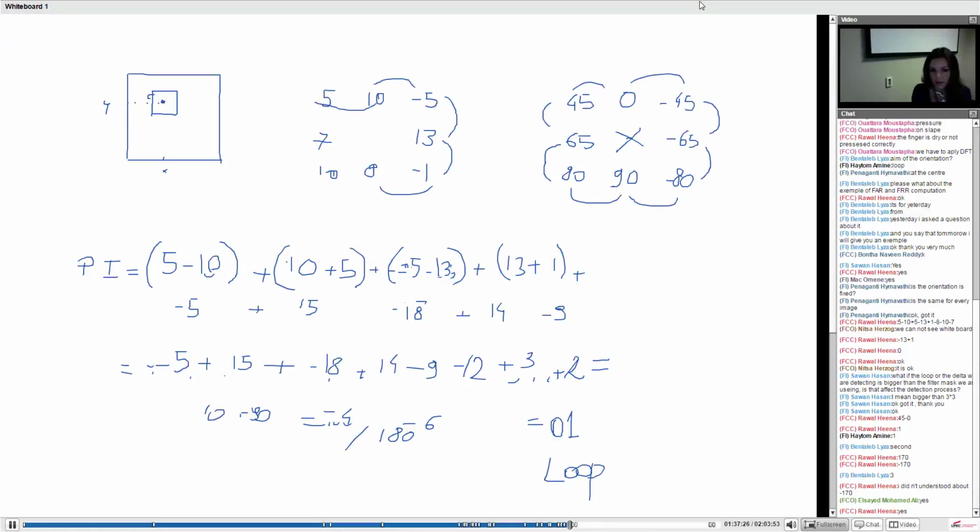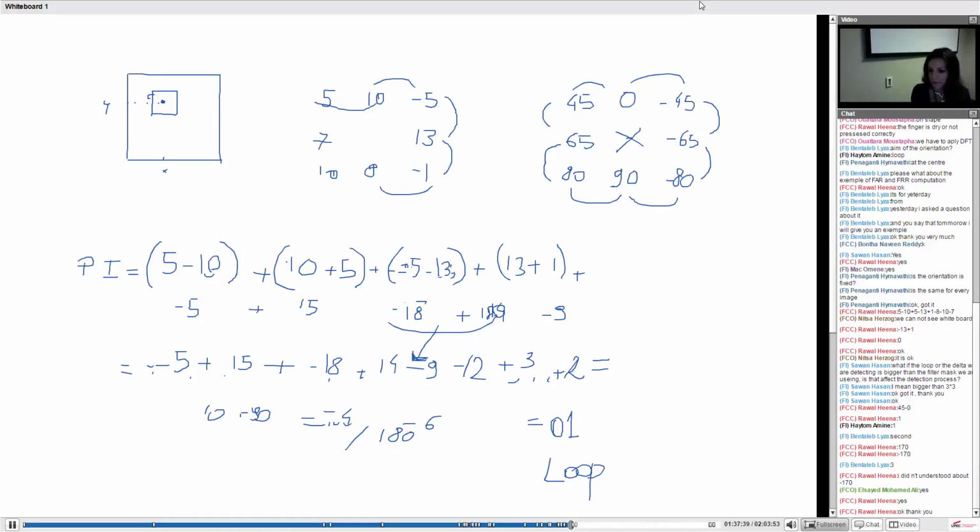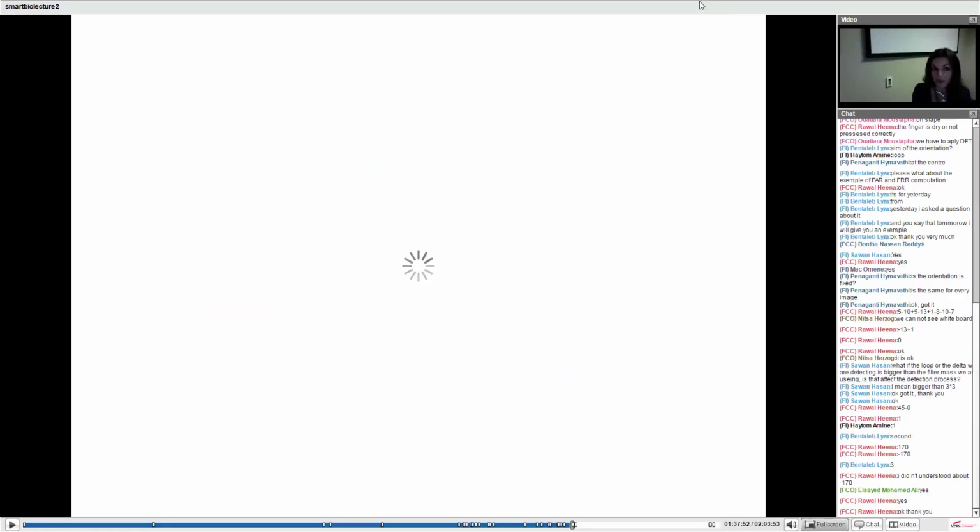I can write it down: plus 180. And this is our 10. That's why we have the 10 here. Is it clear? Okay, very good. Now it's important that you don't miss this step, because this will affect the result, and then you will not have 1 at the end. So that can be a reason for an error.